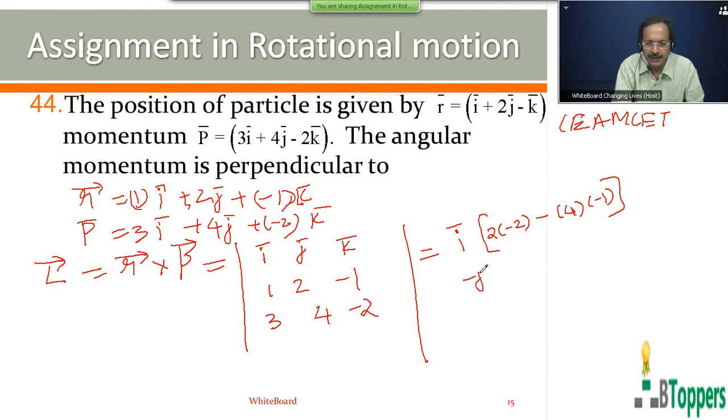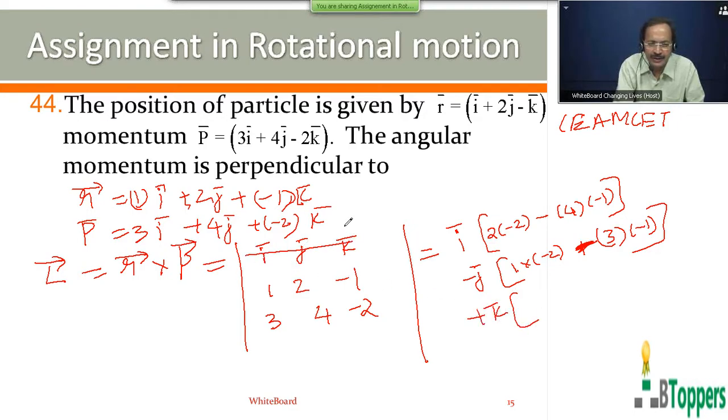So minus J bar into, delete the first row and middle column. So 1 into minus 2 plus, minus 3 into minus 1. Next plus K bar, delete the first row and third column. 1 into 4 minus 2 into 3.